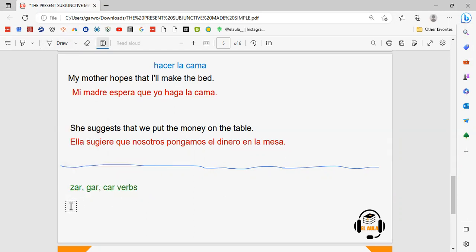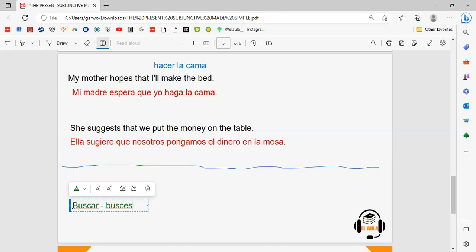So let's look at what exactly I am trying to say. Let's say we have buscar, right? So the infinitive form of this verb gives you a hard C sound. Now, if you were to conjugate this verb to, let's say, the tú form in the present subjunctive mood, and you follow the steps, you'd get something like this.